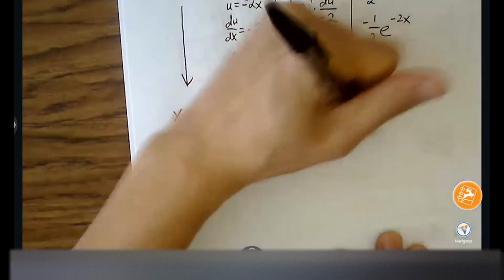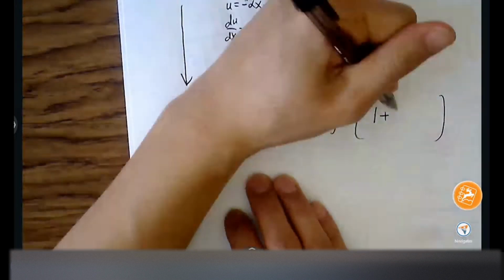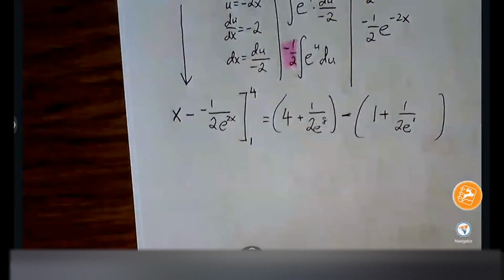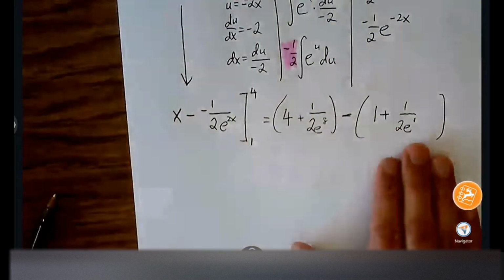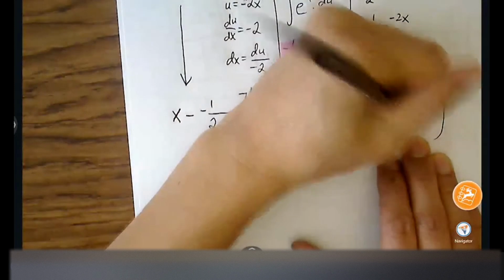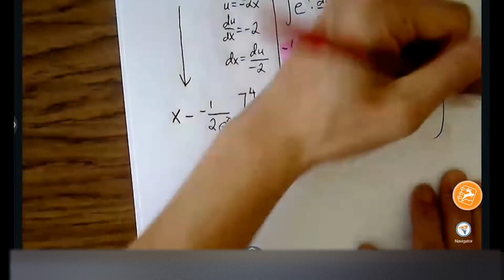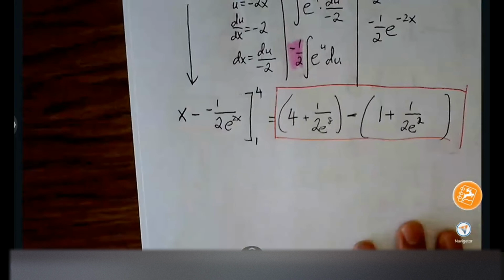Minus, then we repeat the process for the lower bound. And if you leave your answer like this, oops, second, not first. If you leave your answer like this, I'm okay with it. This is fine. You don't have to clean up your answer.